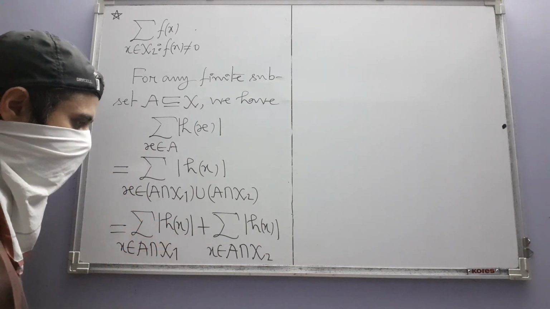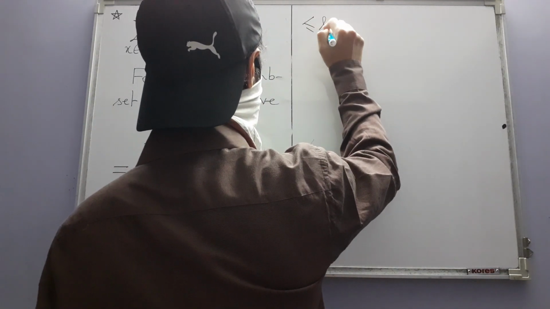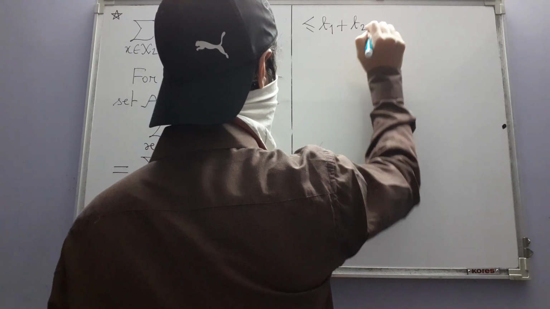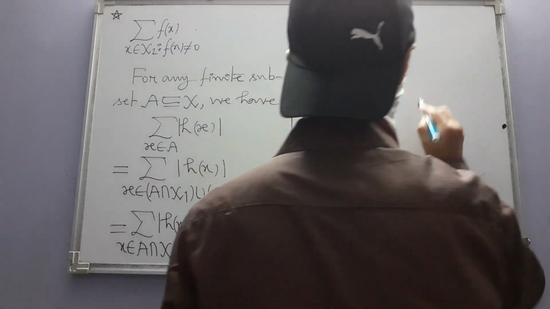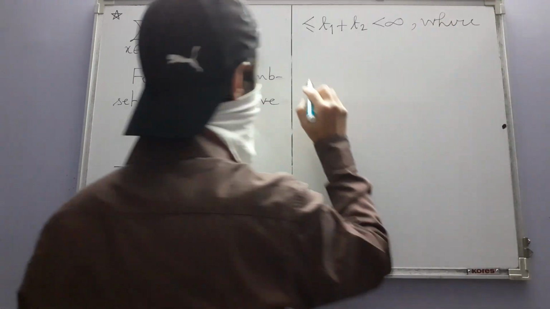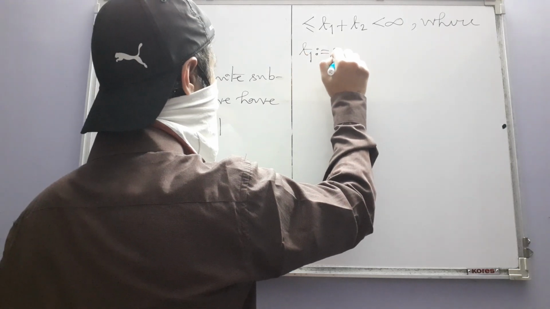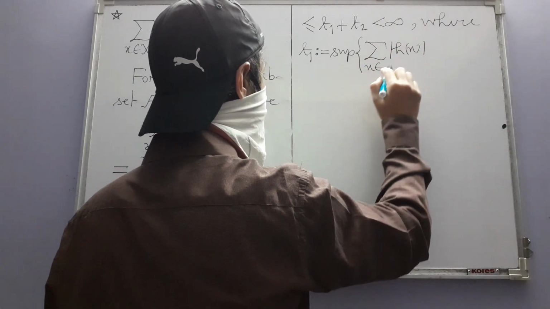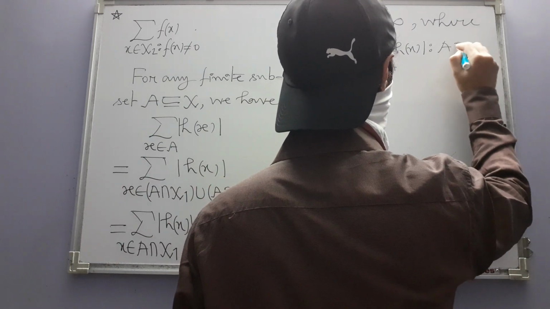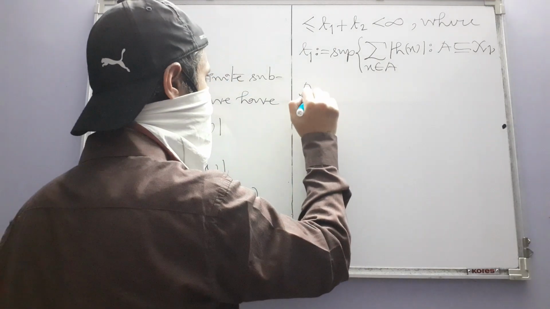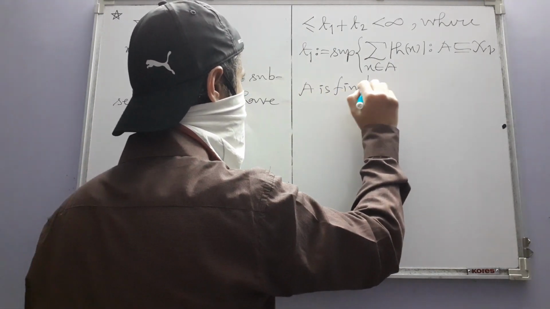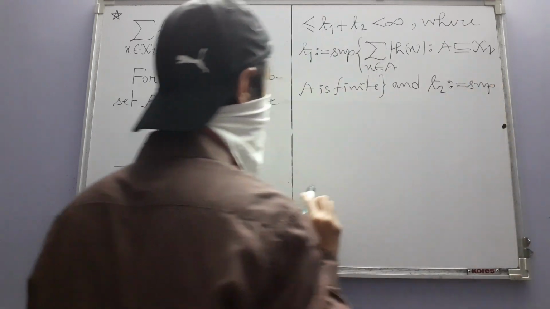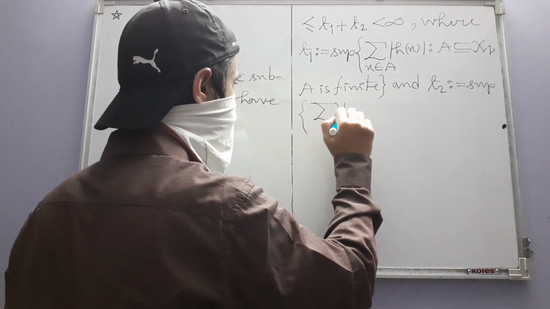So this thing is less than or equal to t1, and this one, a finite subset of x2, is less than or equal to t2, and that is less than infinity, where A is finite and t2 is the supremum of the other set.